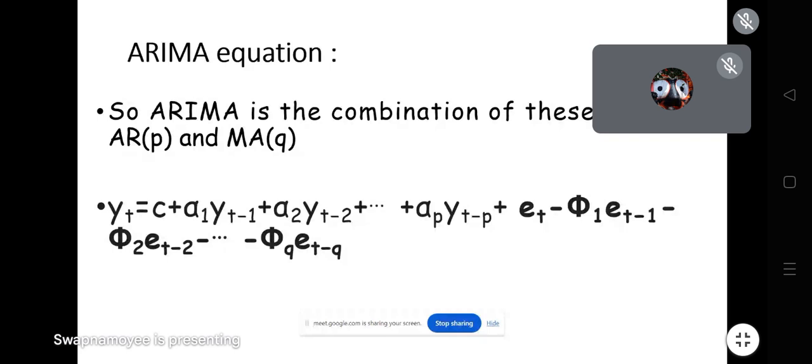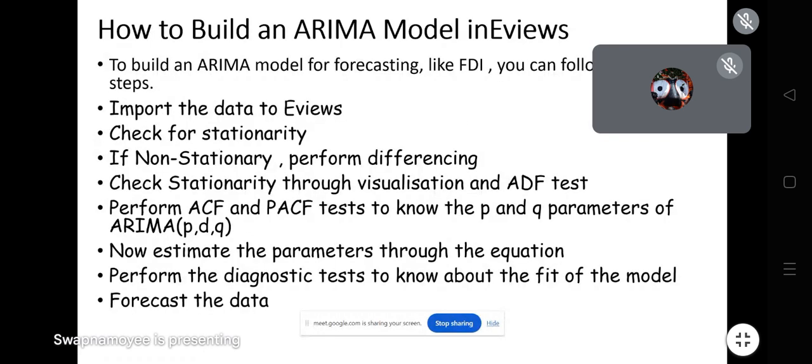Now, how are you going to build this ARIMA model? We will take a particular data set; in this case, I have worked it out with the foreign exchange reserve data. First we import the data and check for stationarity. If the data is stationary at level, we can proceed to estimating the equation parameters and forecasting.